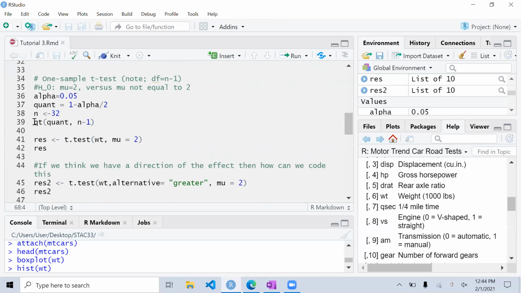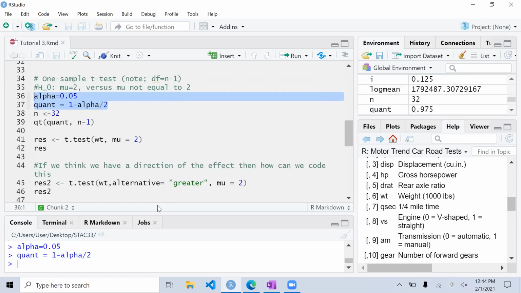Because of course you're looking for the outer 5%, which means 2.5% above and 2.5% below for a two-sided test. So I'm going to specify an alpha of 0.05. Now my quantile is 1 minus alpha over 2, which makes it the 97.5 percentile. If I just run this in the console, notice that it's 0.975.